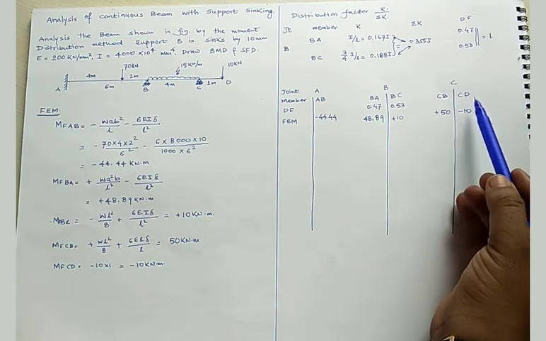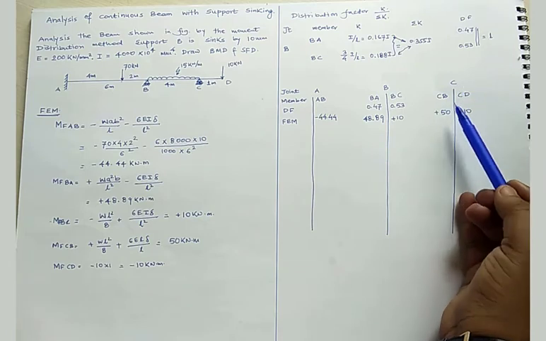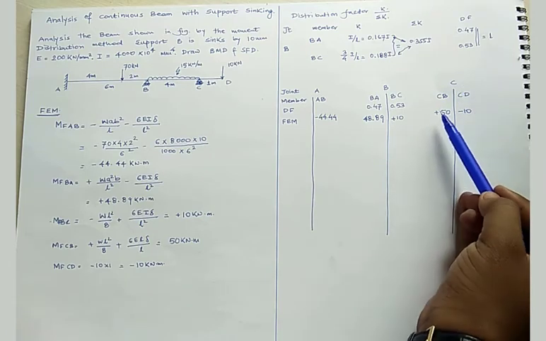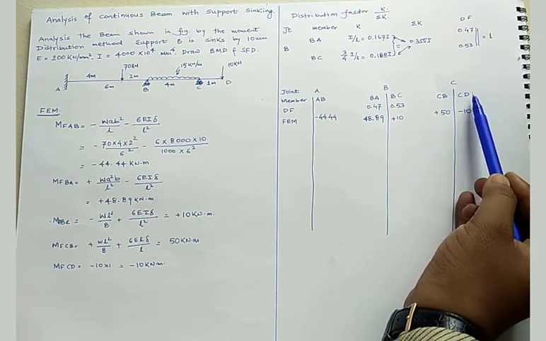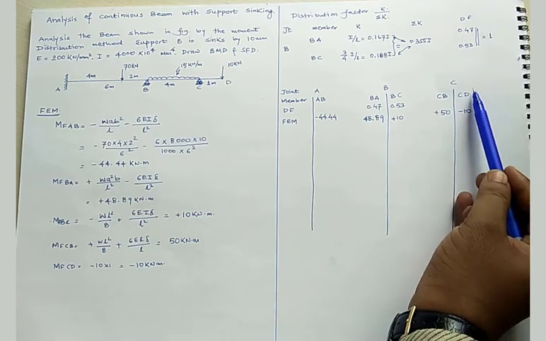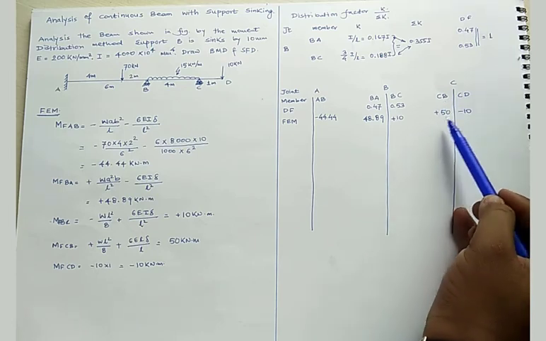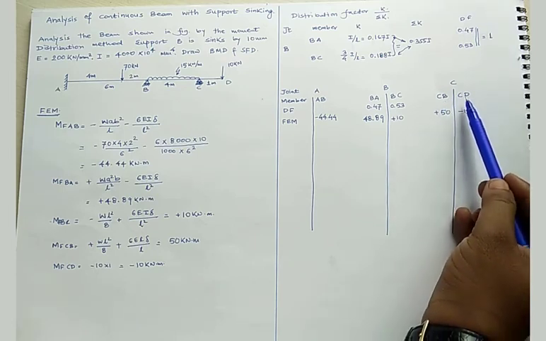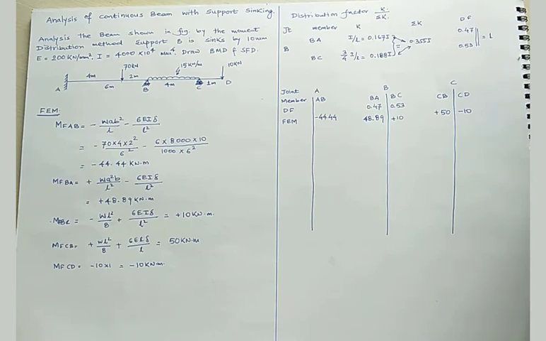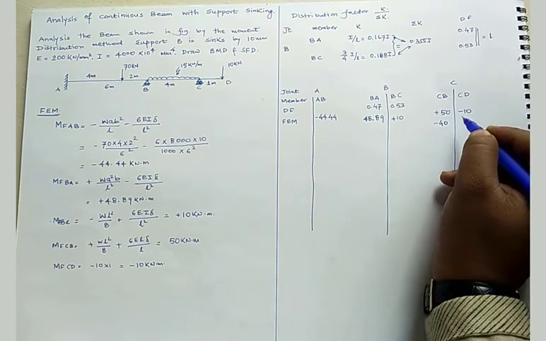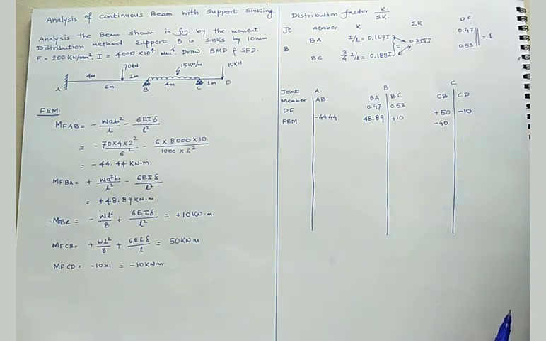As we know, the CD member is the overhang portion of the C joint, so as it is the last one, we always make it 0. But here, instead of making it 0, we have to make the moment of CB plus 10 to counteract the minus 10 moment of the CD member. So we will counteract this moment by adding minus 40 at point CB.